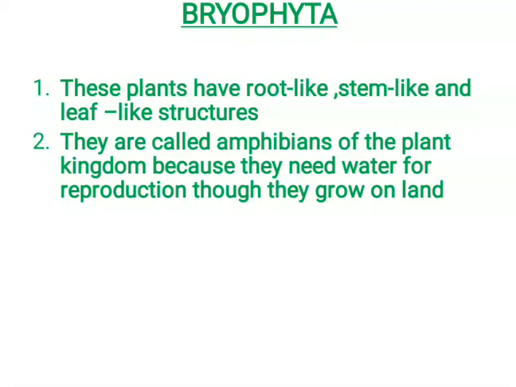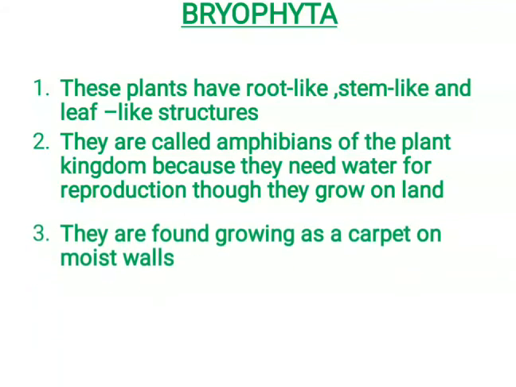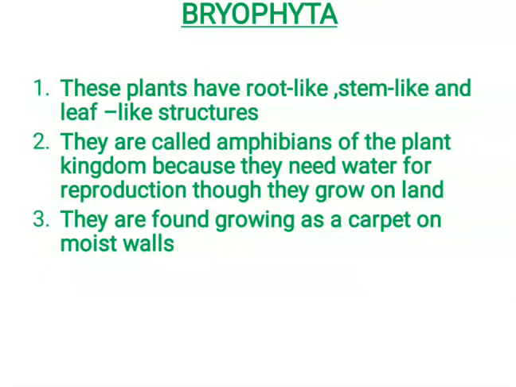So they are called amphibians. Generally, we find them living as a carpet on brick walls, especially in the monsoon or rainy season. Once the rainy season gets over, this green colored carpet dries up and forms a brown carpet.